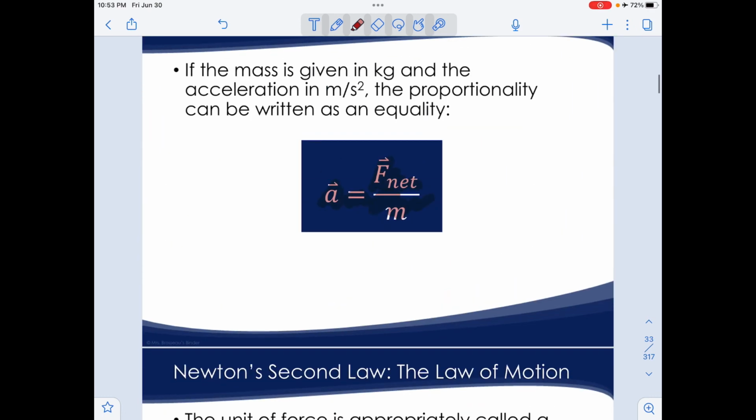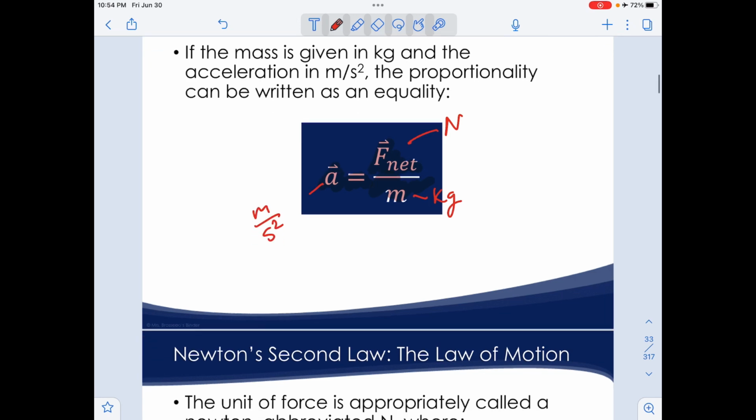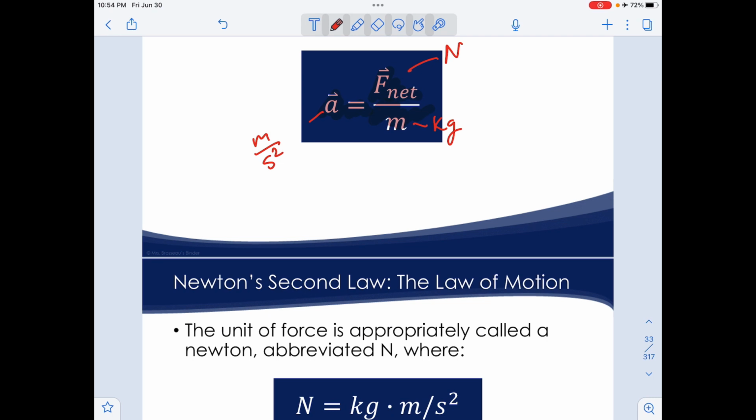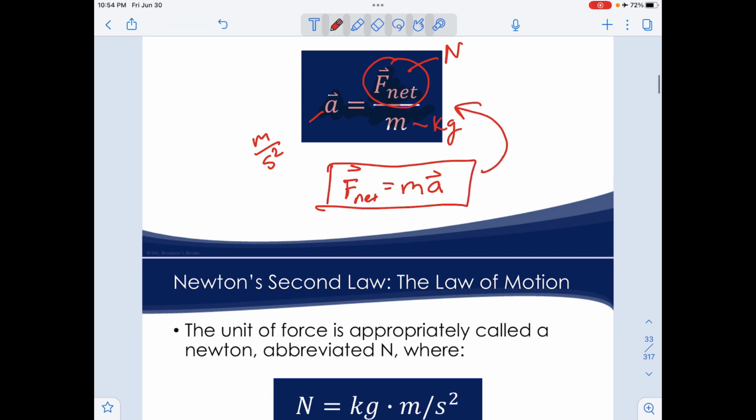What are the units of this? Well, we know that force is in newtons, mass is in kilograms, and acceleration is in meters per second squared. If we rearrange this equation to solve for force, we have F net equals mass times acceleration. So these are equivalent equations.